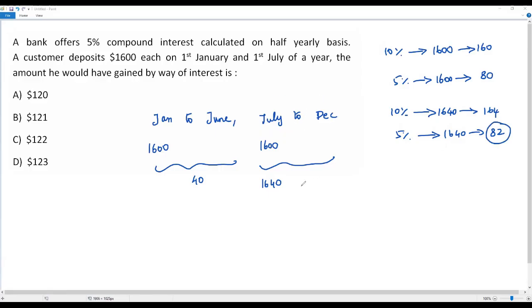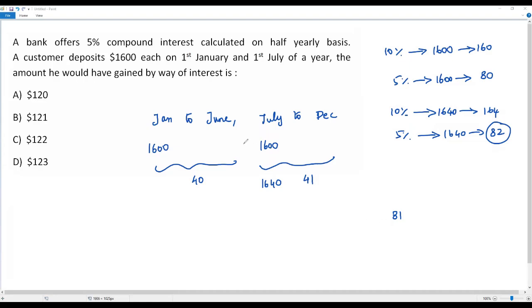Then we have to take half of this. Then it will be $41. Here for this principal, $1,600 on 1st January, we have two interests: $40 for the first 6 months and $41 for the next 6 months. So the total interest earned on this principal is 40 plus 41, that is $81.